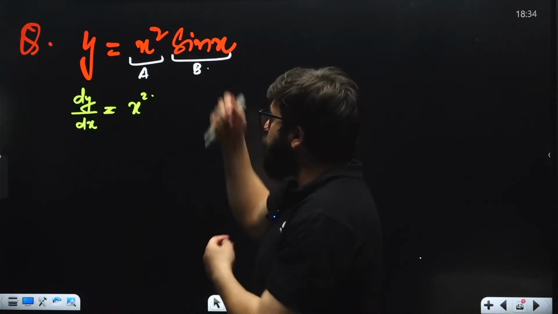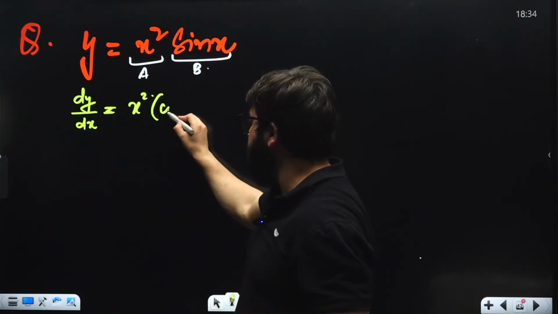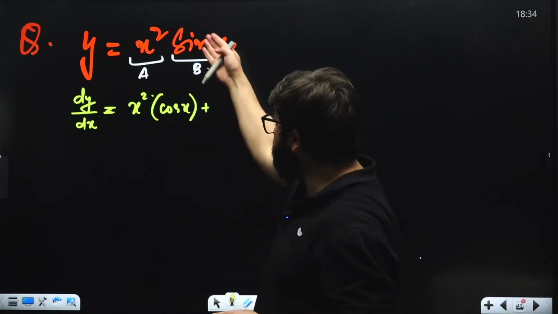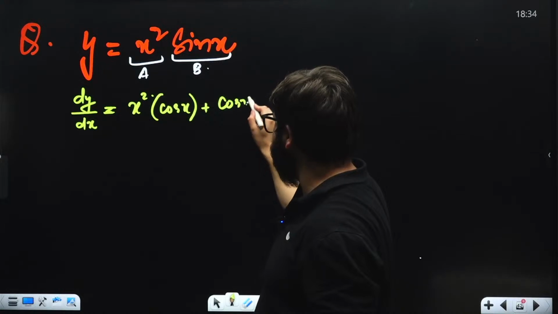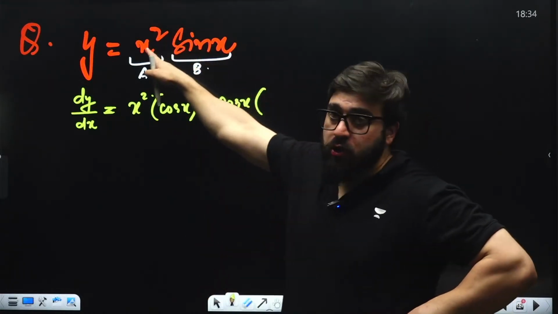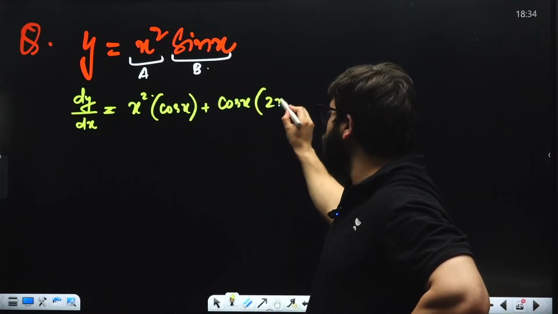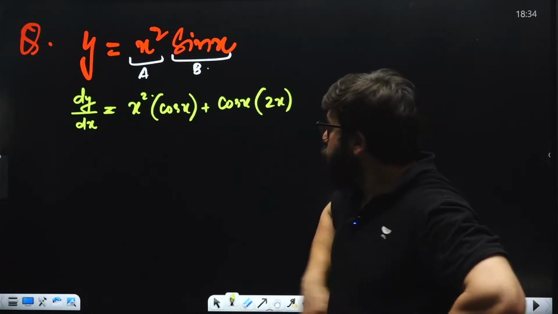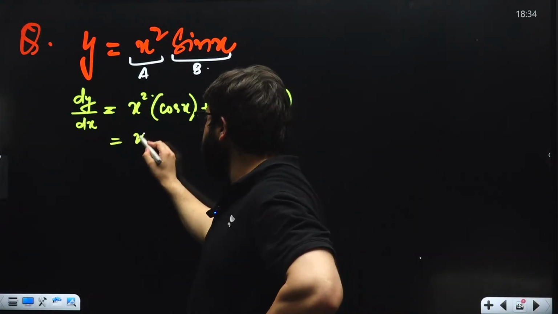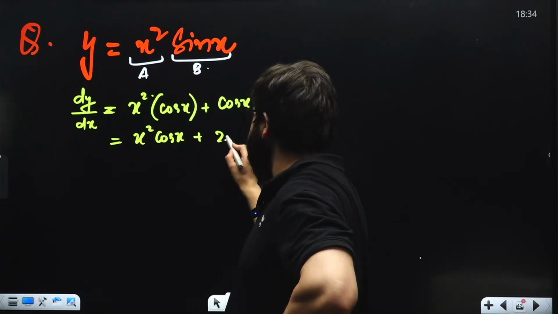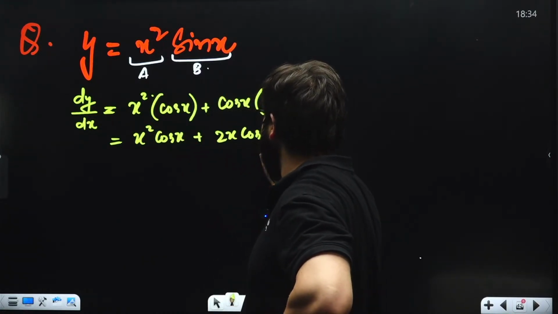Now differentiation of sine x. What is the differentiation of sine x? That is cos of x. Then plus, keep B as it is, so cos of x. Then differentiation of A. What is the differentiation of x square? That is 2x. So I'll write over here, this will be x square cos of x plus, keep this 2x in front, 2x cos of x.